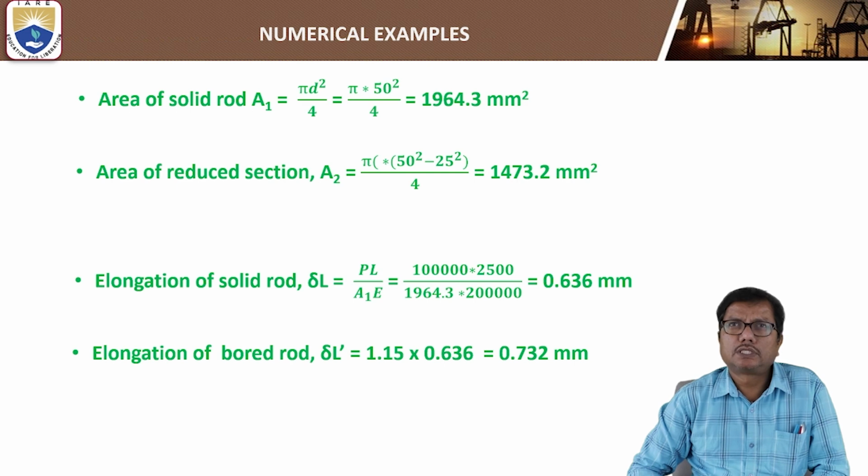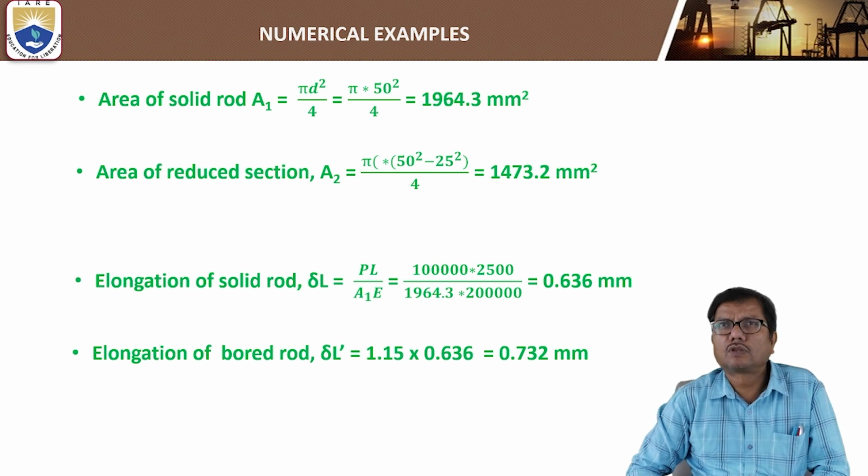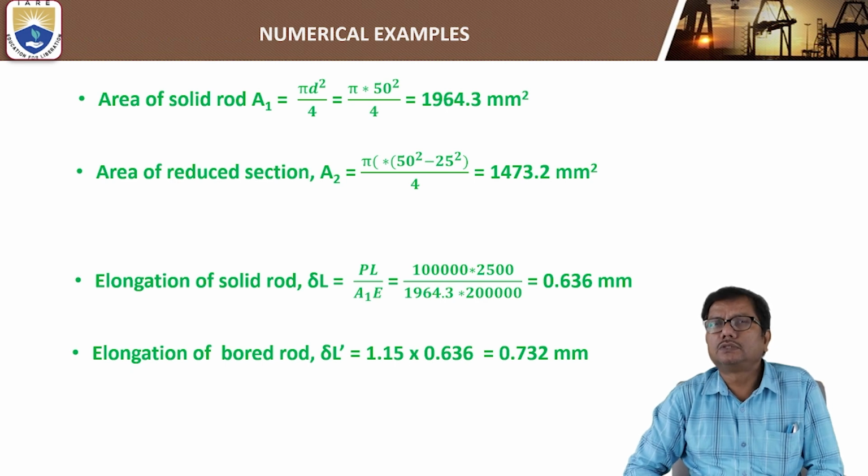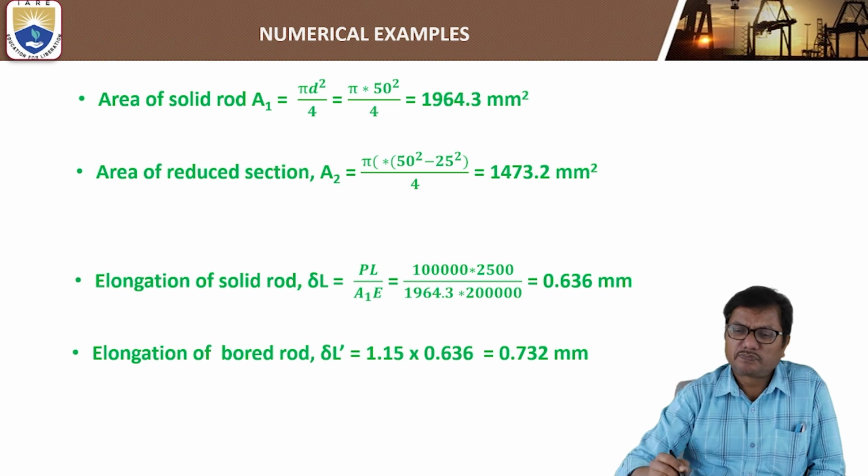So area of solid rod is pi d square by 4, that is 50 mm dia. So it is 1964.3 square millimeters. And area of reduced section after cutting hole in that portion, we are denoting it A2, which is equal to what?